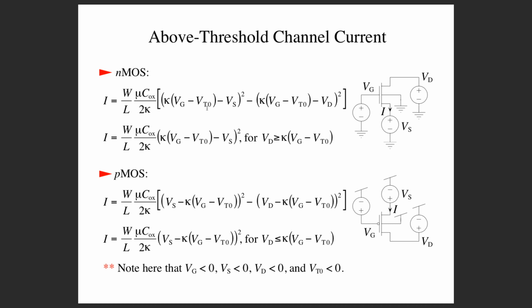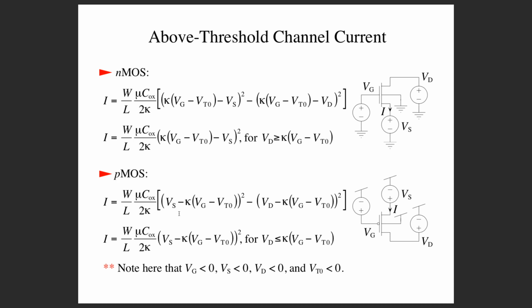There's basically an if statement here that says this is assuming that this quantity in parentheses here is greater than 0. So this is the expression for the current through an NMOS transistor.